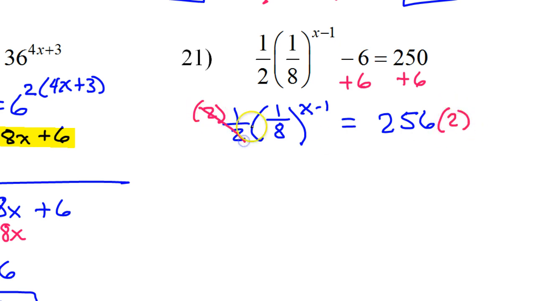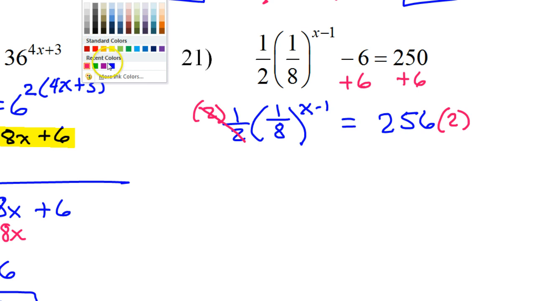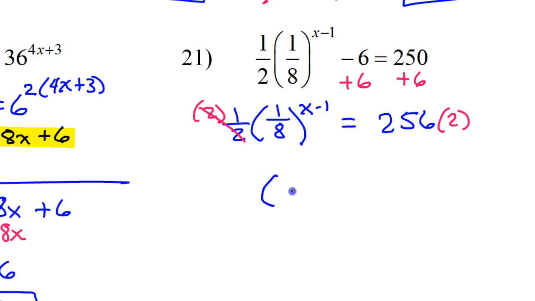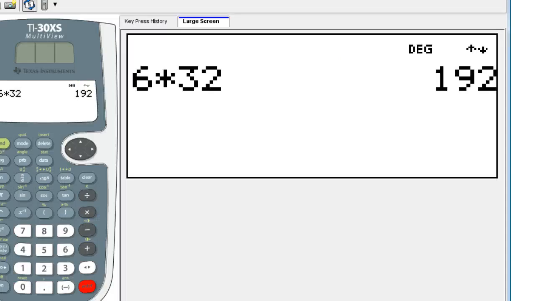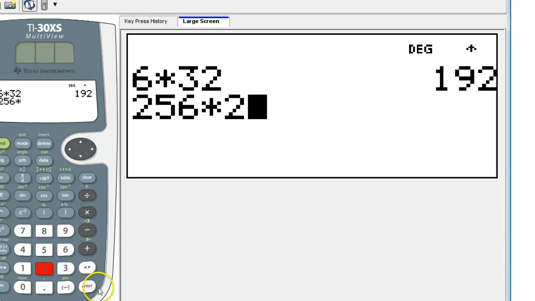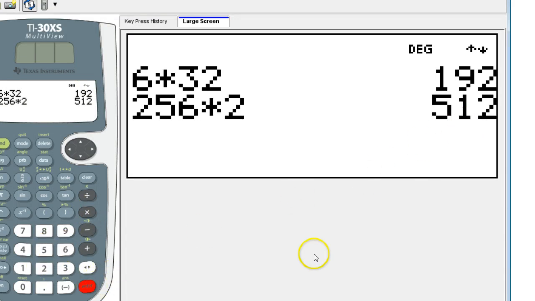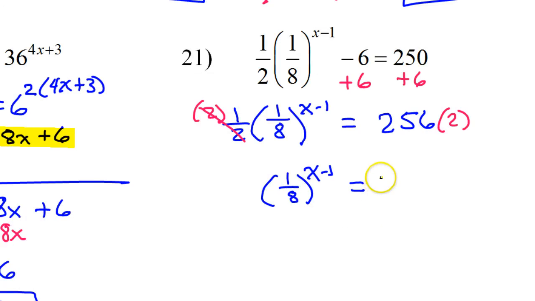So these are going to cancel out. That's going to give me 1/8 to the x minus 1 power is equal to 512.